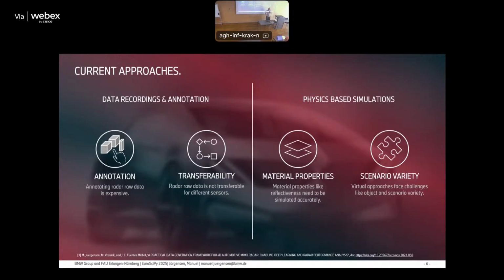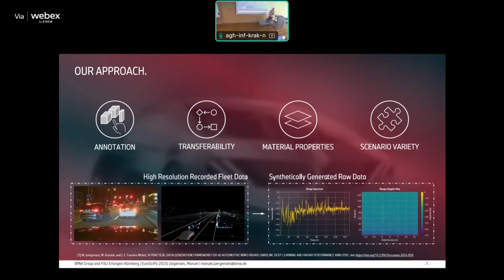So that's why we came up with a new method to tackle those challenges, which is essentially a hybrid approach between measuring and simulating. We have a large database of training scenarios, which you can see here. We assumed that all those processed data points are in fact physical scatter points.